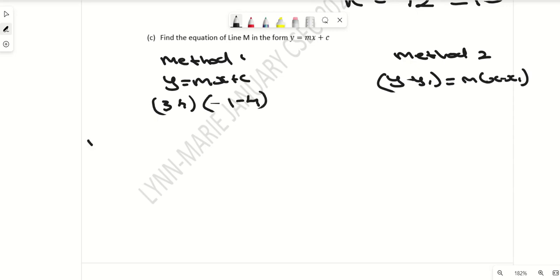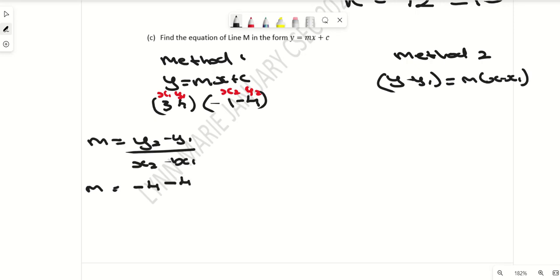So you know your gradient M is equal to y2 minus y1 all over x2 minus x1. Let's just put this. This is x1, y1, and this is x2, y2. Whichever one you want to choose, group 2 and group 1, doesn't matter. So this is -4, 4, right?